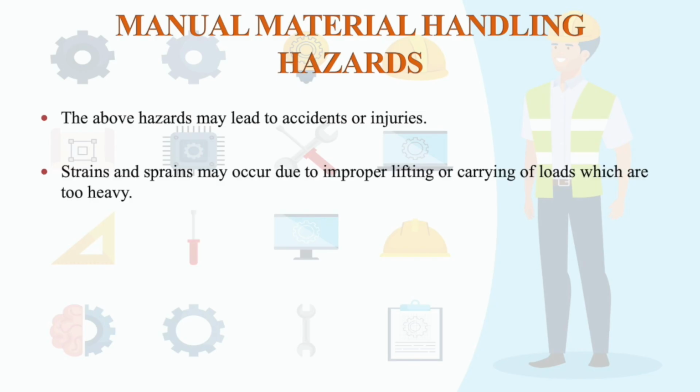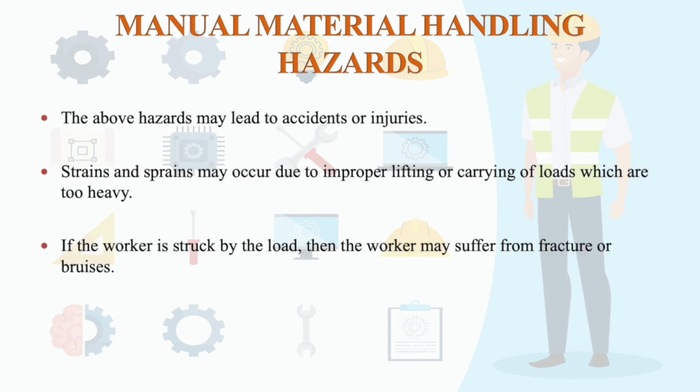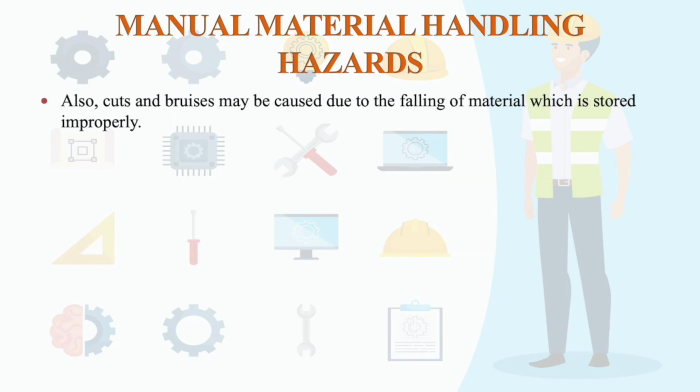Strains and sprains may occur due to improper lifting or carrying of loads which are too heavy. If the worker is struck by the load, then the worker may suffer from fractures or bruises. Also cuts and bruises may be caused due to the falling of materials which are stored improperly.